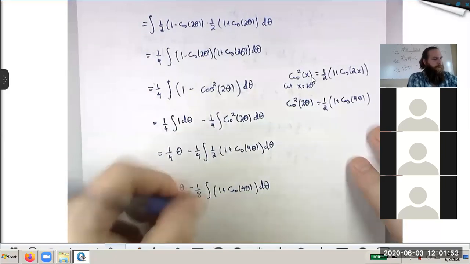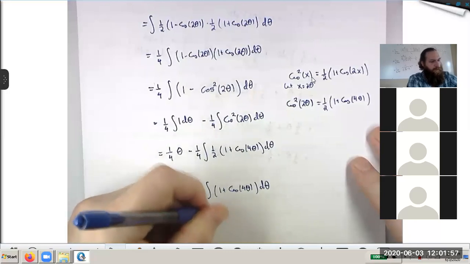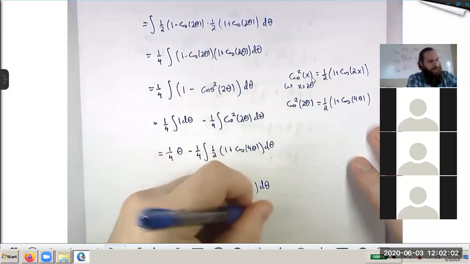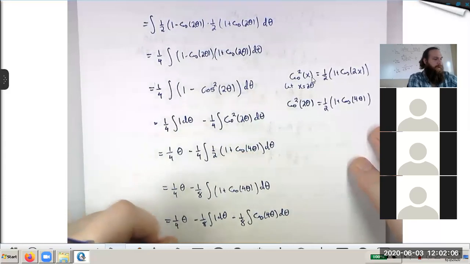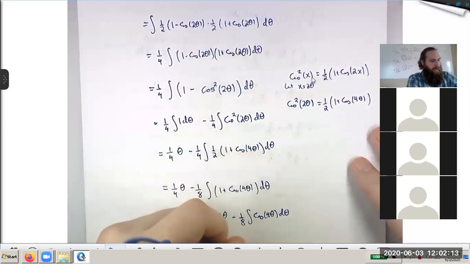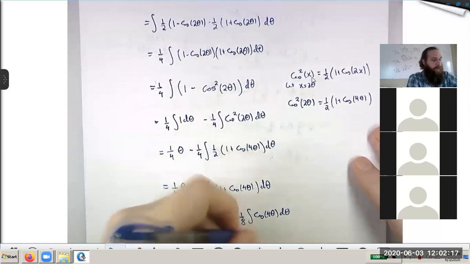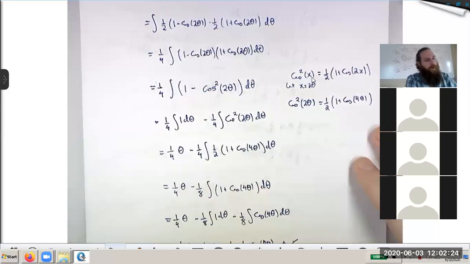So this will be 1/4 theta minus 1/8 integral 1 d theta minus 1/8 integral cos 4 theta d theta. And now the antiderivatives are easy. Cos 4 theta is going to integrate to sine 4 theta over 4, or 1/4 sine 4 theta. And then here's where we add our plus c.